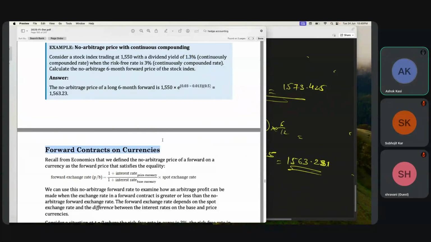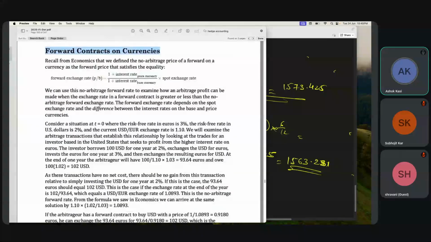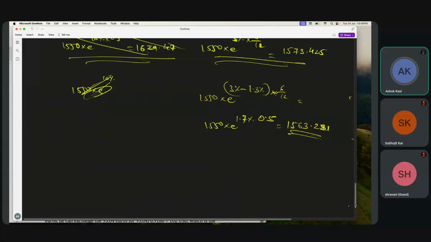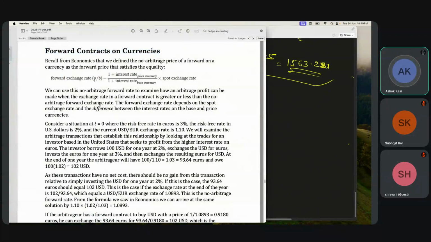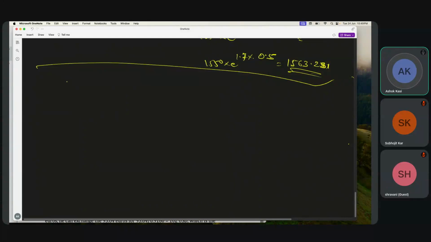Okay, the next one, forward contract on currencies. Now suddenly they have included currencies here. See, this P/B means price currency to base currency. Now if I say 85 rupees is $1, this denominator currency is always called the base currency.